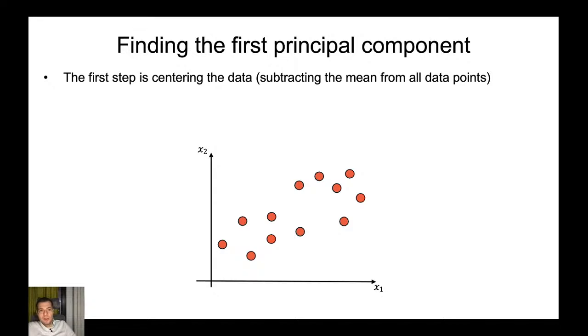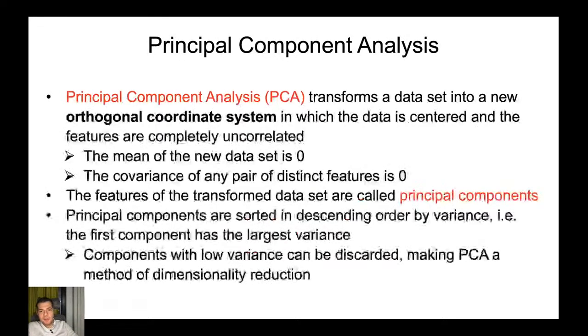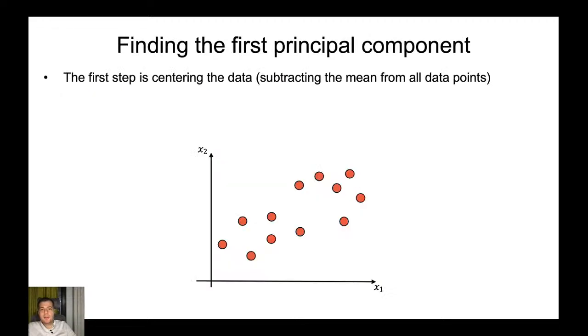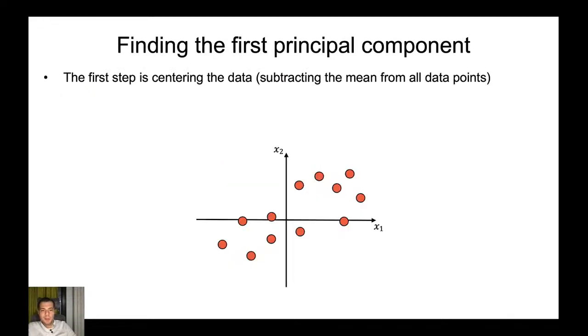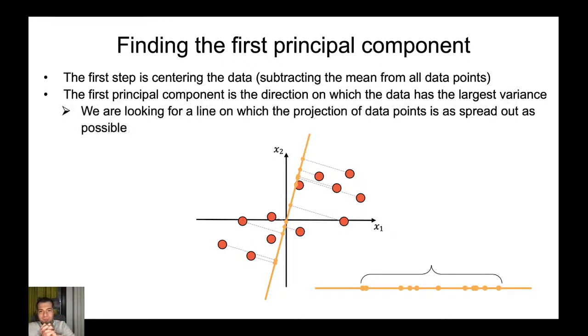Okay, so intuitively, as we described first, we will center the dataset. It means that all the data points will be shifted such that the average on each axis is equal to 0. So the sample mean of these random variables x1 and x2 will be equal to 0.